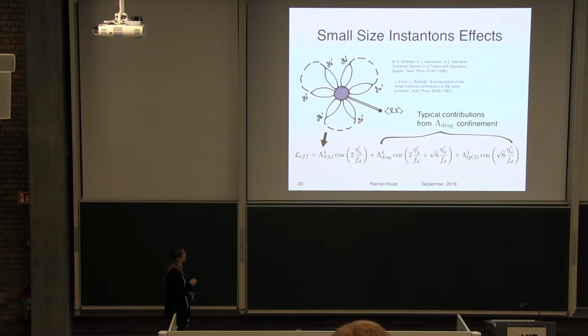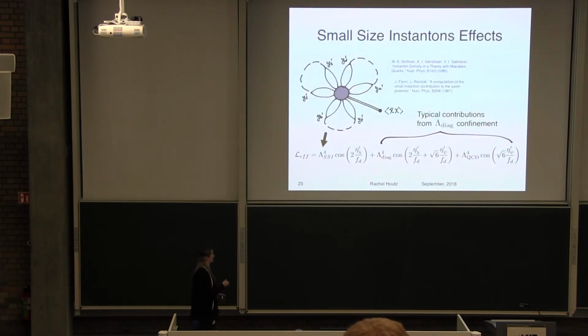You do this approximation, you can do this instanton calculation, and you get this new source of axion mass for the eta formed out of the massless quarks. Where these are the typical contributions from QCD confinement, and then here are the new small-sized instanton effects that come from stronger gauge couplings in the high energy theory.